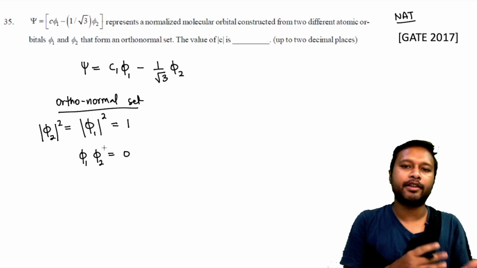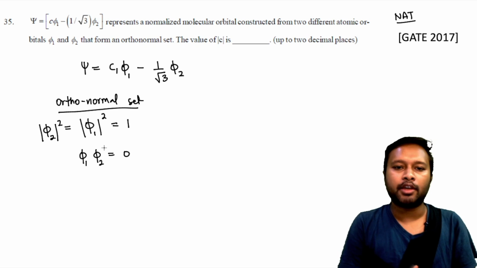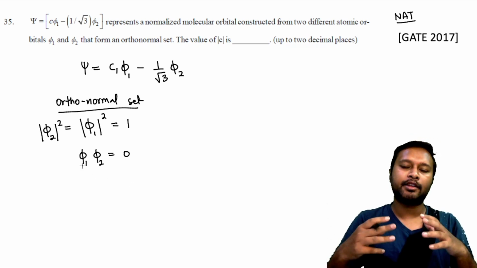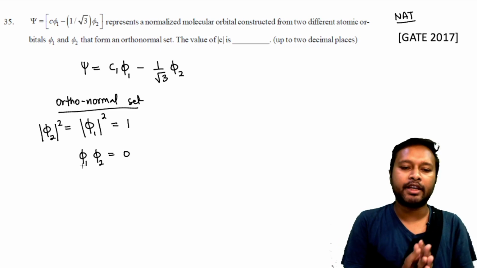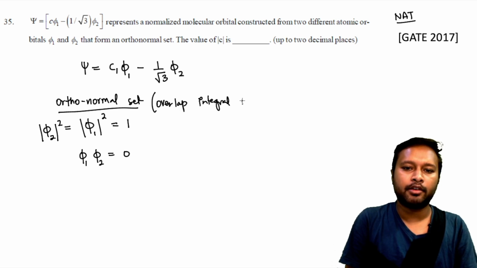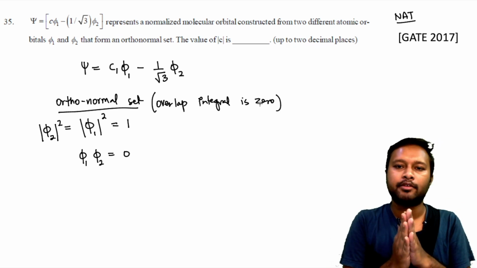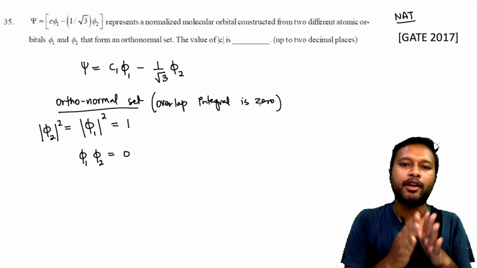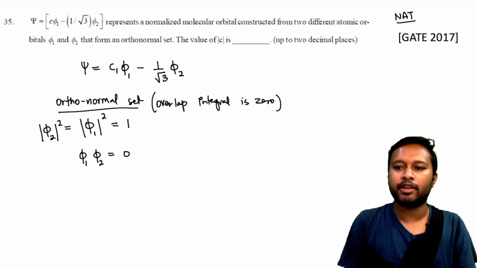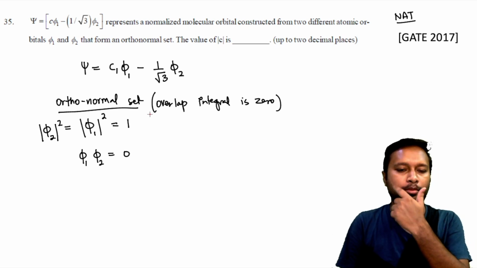Both of them combined is called an orthonormal set. One thing you should understand is that for an orthonormal set, the overlap integral is 0 because they cannot overlap. The value of S becomes 0 for all orthonormal sets.